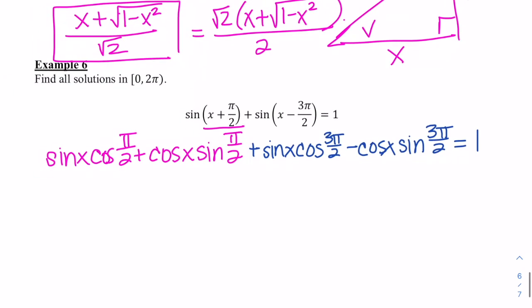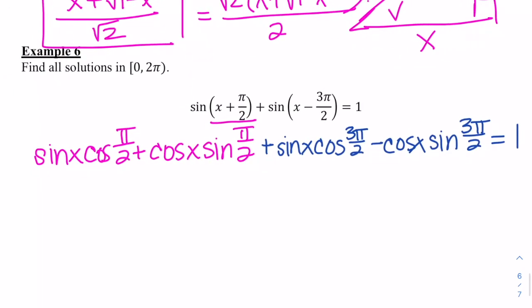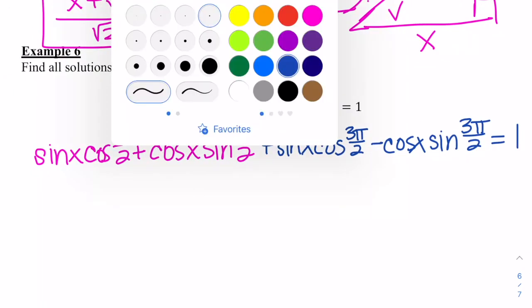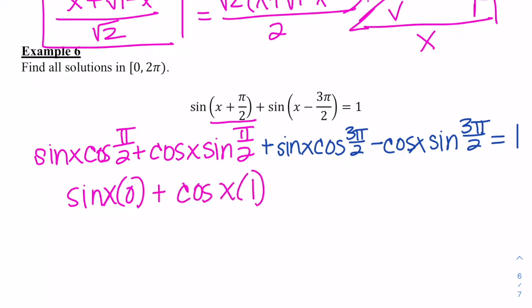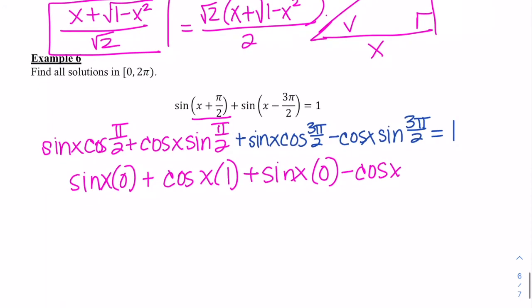Okay, so from here we can actually just use what we know about the unit circle. So this is just going to be sine of x times 0. I'll write it out, but we know that that's going to cancel. This will be cosine of x times 1, because sine of pi over 2 is 1. Then we have sine of x here. Cosine of 3 pi over 2 is also 0. Minus cosine of x, and sine of 3 pi over 2, that's going to be negative 1.